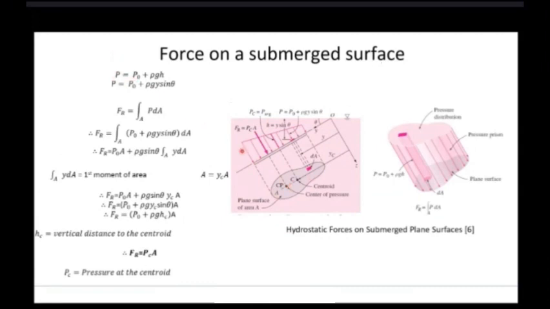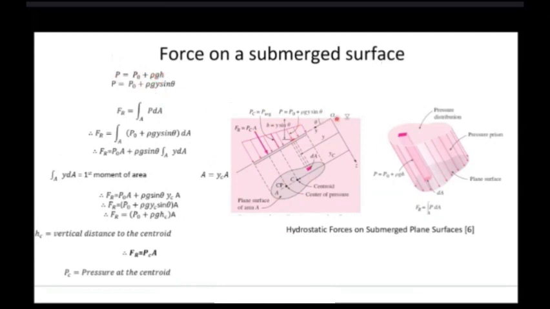Okay, so my pressure equals P0. P0 would be my atmospheric pressure, it's on top of my fluid. So my total pressure at this point down here on this area would be P0 plus rho g h.